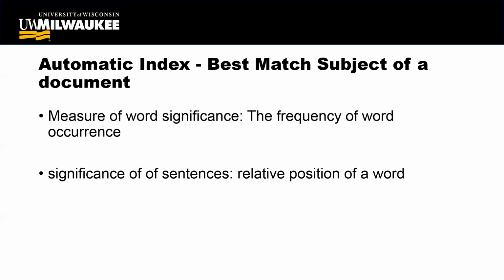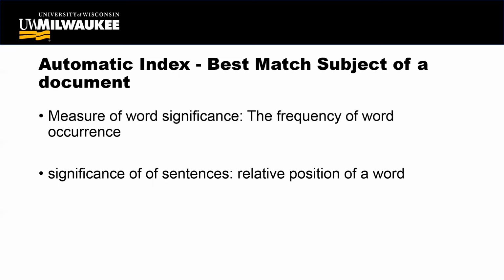And that's exact match automatic indexing. But some automatic indexing uses best match. That means in addition to what we had before about stop words, we also look at the frequency of words, because the assumption is the more frequently a term occurs in a document, the more relevant it is than one that occurs less, right?